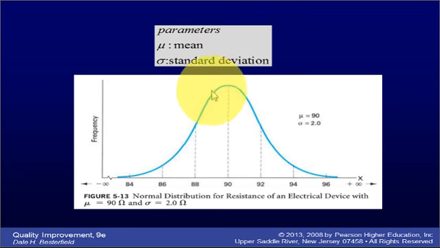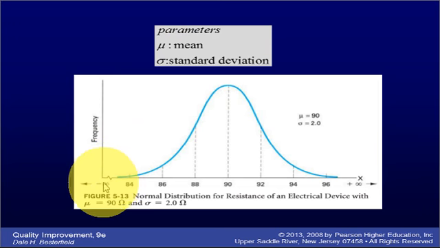Here is a graph of a normal distribution. The parameters that describe the normal curve are the mean, denoted as mu, and the standard deviation, denoted as sigma. This curve shows the normal distribution for the resistance of an electrical device with mu equal to 19 ohms and sigma equal to 2 ohms.